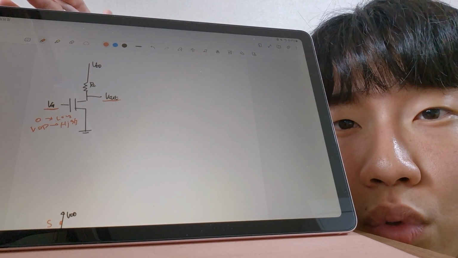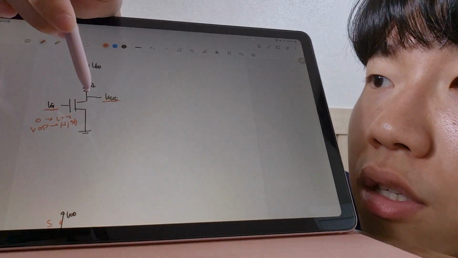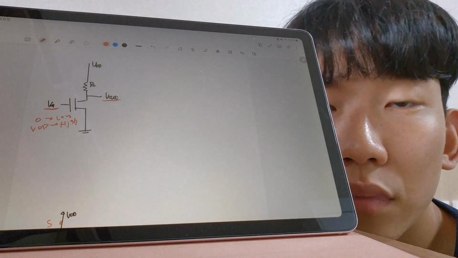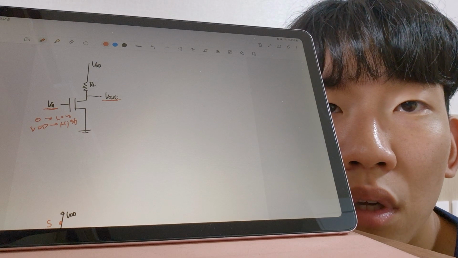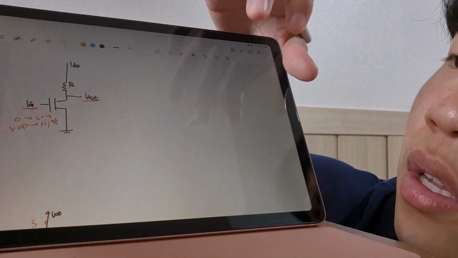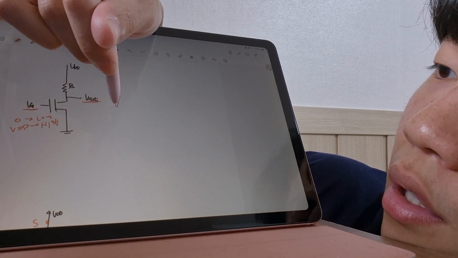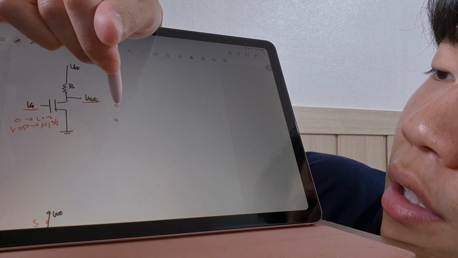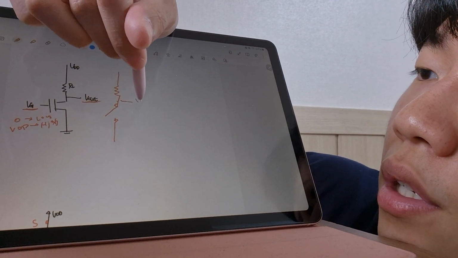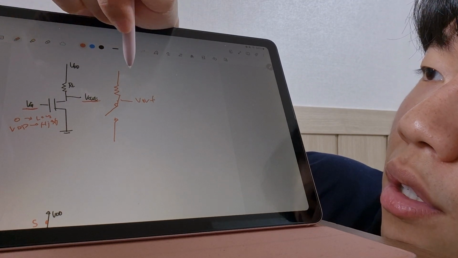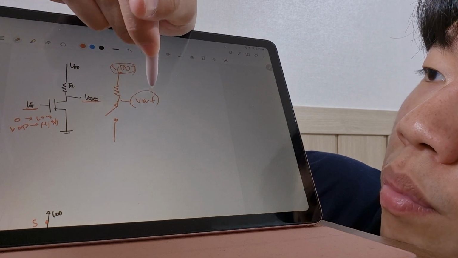There is no inversion channel in this stage, so we think of it as open. So the circuit is like this, and the output voltage is VDD.